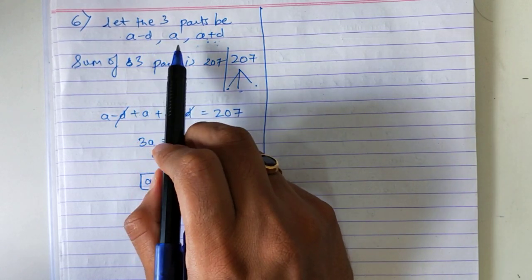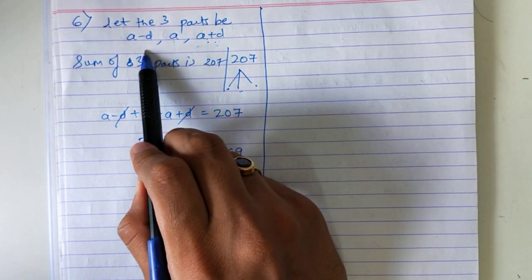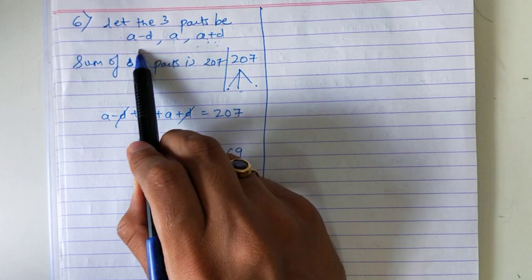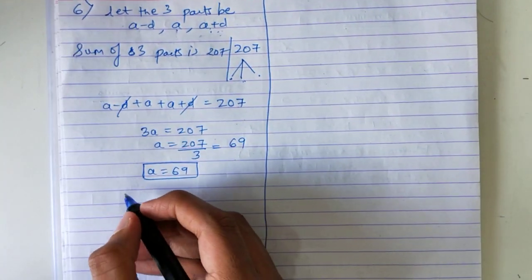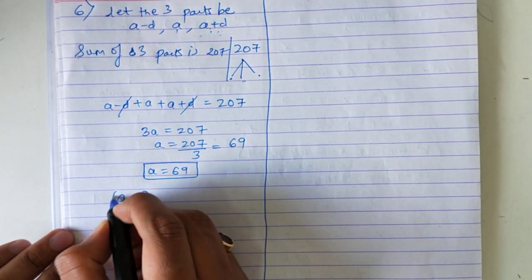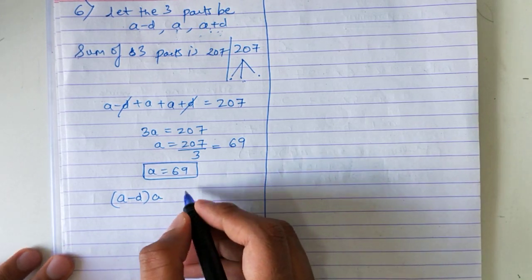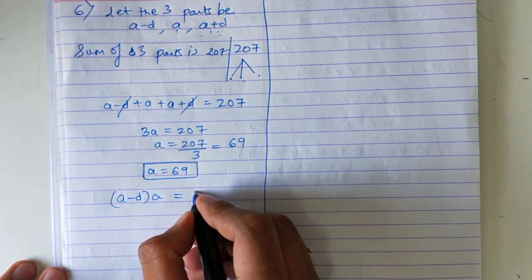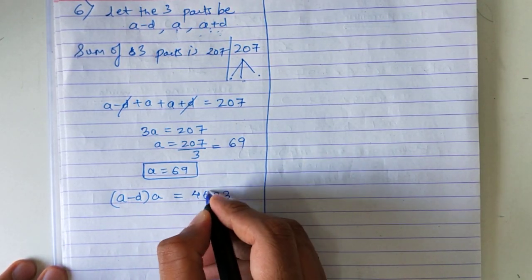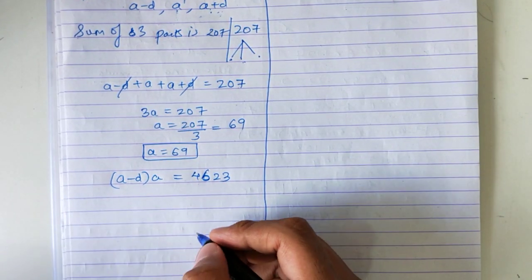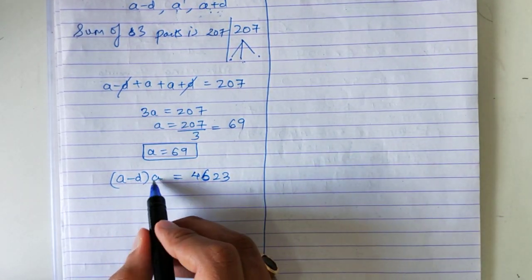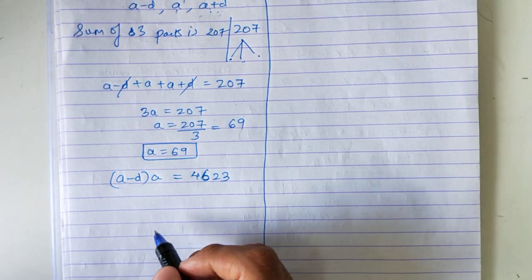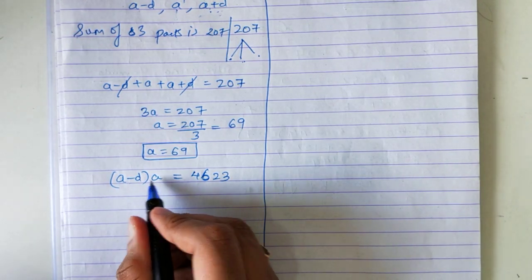So the product of two smaller parts, so these two parts will come. Product of the two smaller parts. Okay, that means it is a minus d into a equals, what is the product given? 4623. So product of the two smaller parts is 4623.